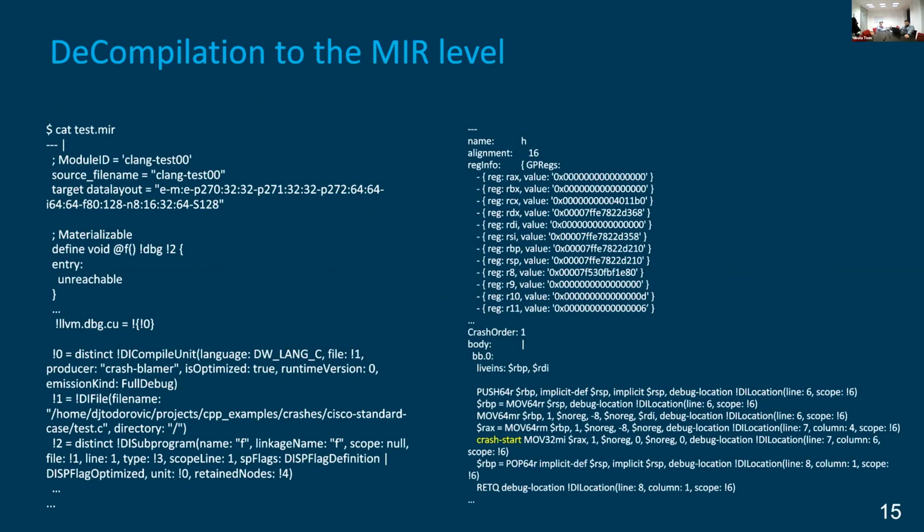Here's an example of a machine IR module. We generate, as we can see, all the information stored as LLVM IR. On the left side, you can see information about the target. There is a dummy IR part, which, as I said, is mostly used to attach DI metadata used in the machine IR part when marking debug locations of machine IR instructions. And on the right side, we see a machine IR function.